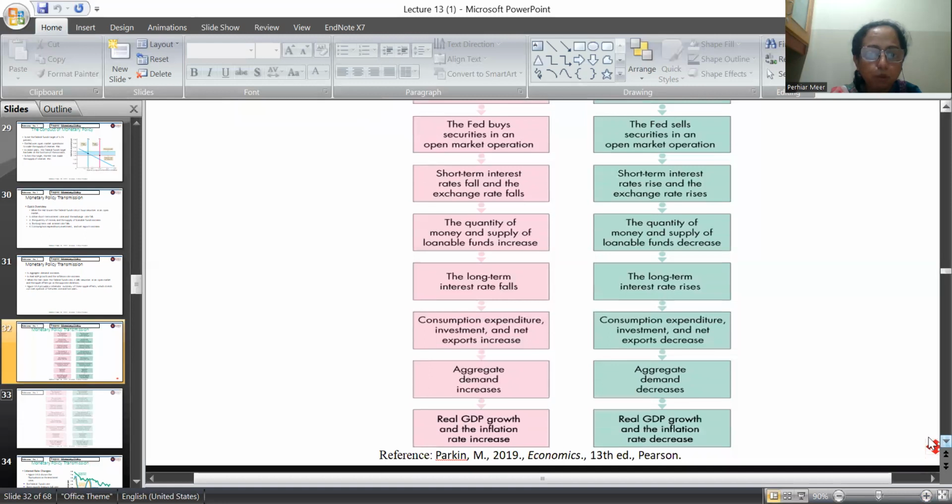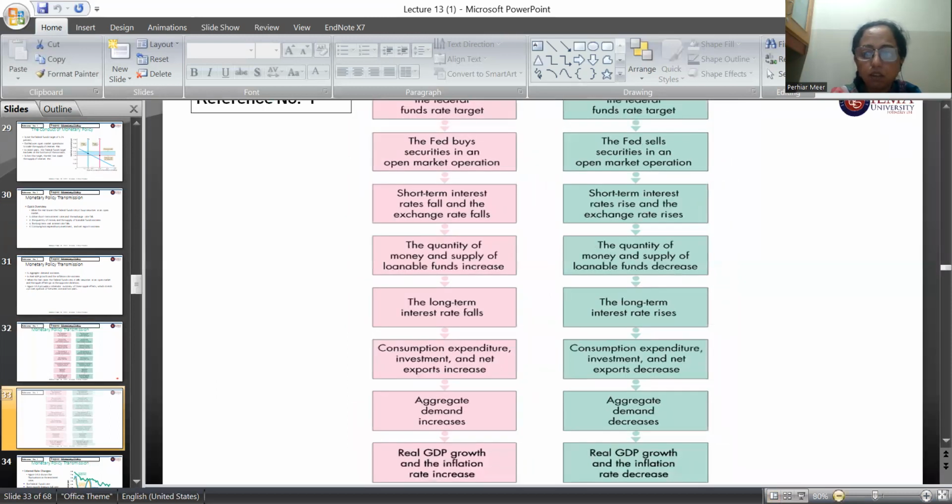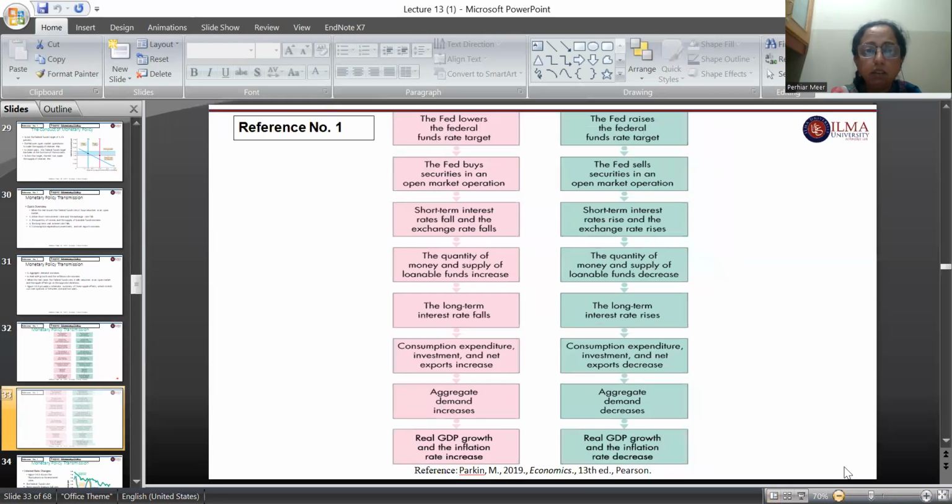Then real GDP growth and the inflation rate increase, and the real GDP growth and the inflation rate decrease. Further moving on, the Fed lowers the federal funds rate target and the Fed increases.